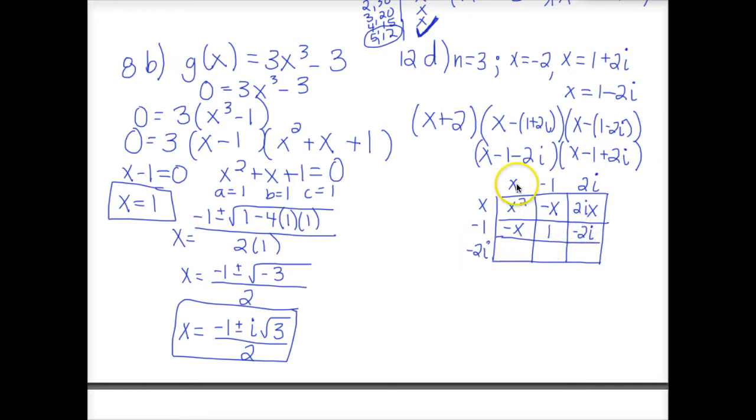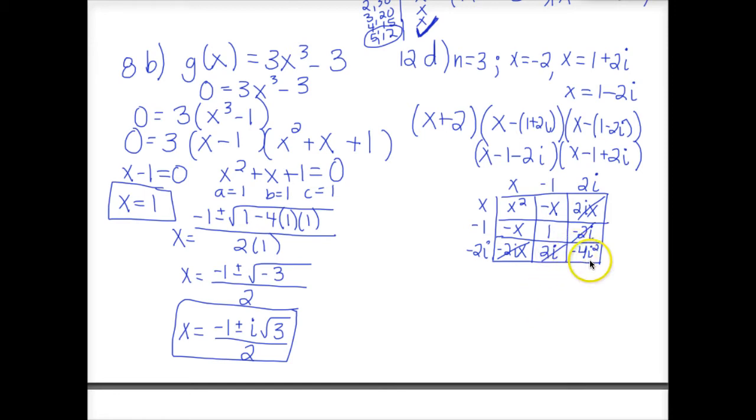Last row, negative 2i times x is negative 2ix. Negative 2i times negative 1 is positive 2i. And negative 2i times positive 2i is negative 4i squared. Now, here I have some like terms, and I have some like terms that cancel. These cancel each other out because they're opposites. These cancel each other out because they're opposites.